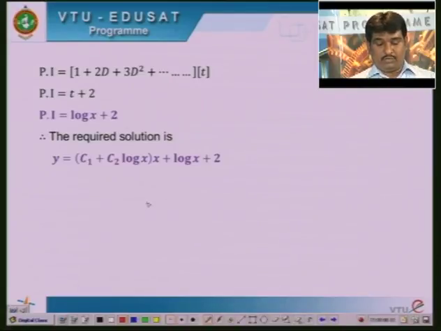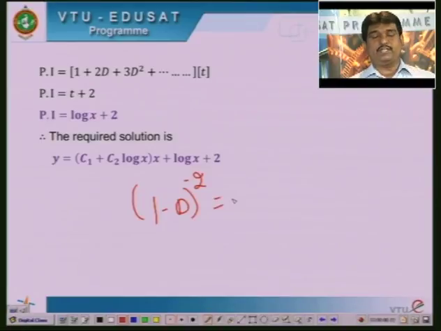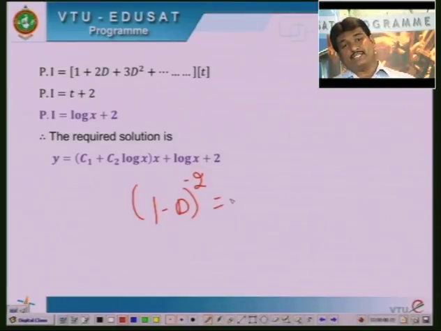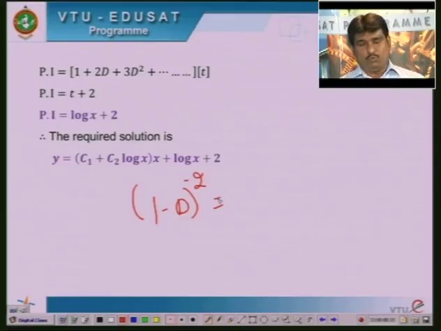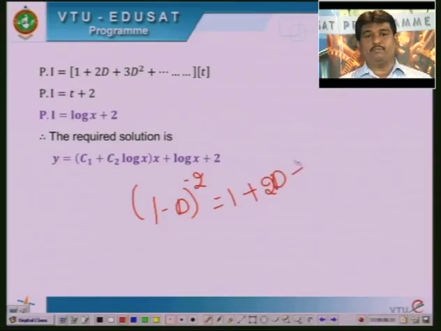The standard expansion, according to 1 plus x whole to the power of n, is 1 plus nx plus n into n minus 1 by 2 into x square plus so on. If you expand it, you get 1 plus 2d plus 3d square plus 4d cube and so on.